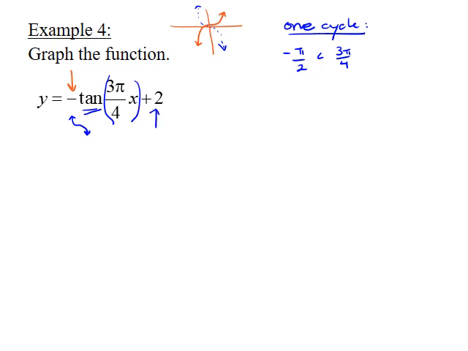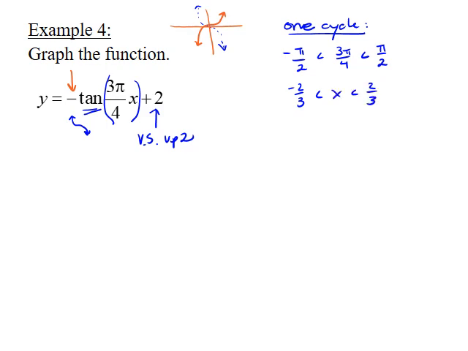Okay, so this is telling me that I'm going to have a vertical shift up 2 units. So we're only sandwiching 3 pi over 4 x then. So I multiply all sides by 4 over 3 pi. And when I do, I end up with negative 2/3 is less than x is less than 2/3.